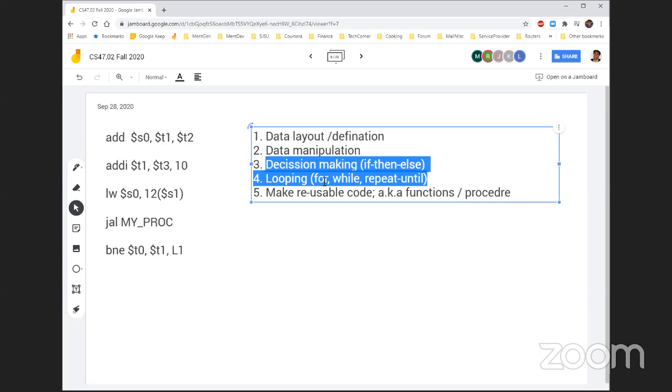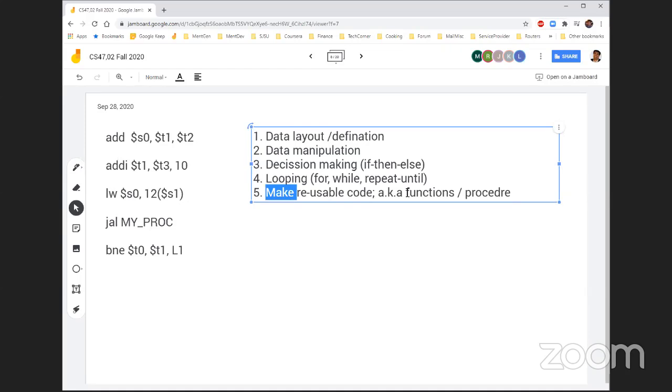And then we have a whole day for making reusable code, or at least we'll concentrate on functions and procedures. There are other ways, like using macros, which is also reusable code, but we're not talking about that. Assembly level macros we have already done. We'll be specifically looking at function and procedure implementation at the MIPS level.